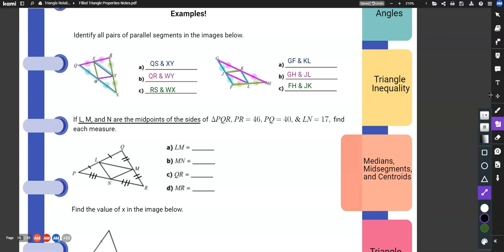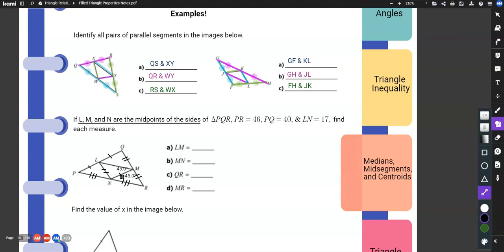Okay. Now, because I have made that notation, I can then say that LN is a midsegment parallel to QR, which means it is going to be half the length of QR, which means it is the same length as MR or QM. Same thing for segment MN, because it is the midpoint to midpoint.